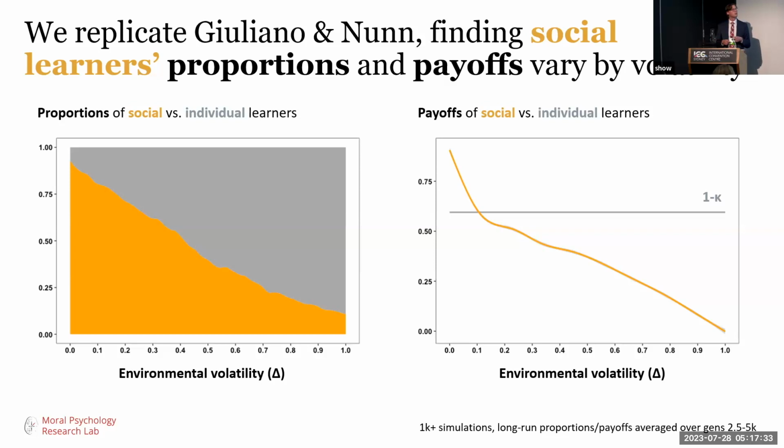And on the right, you see the long-run payoffs of social learners declining as the volatility reaches over a critical threshold. The individual learners pay a constant penalty, so they're unaffected by volatility.